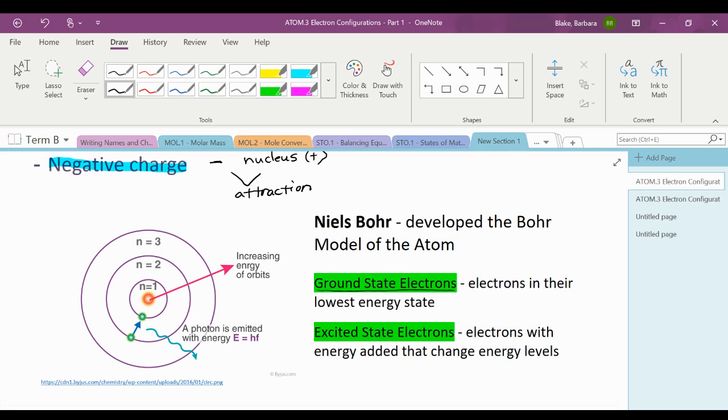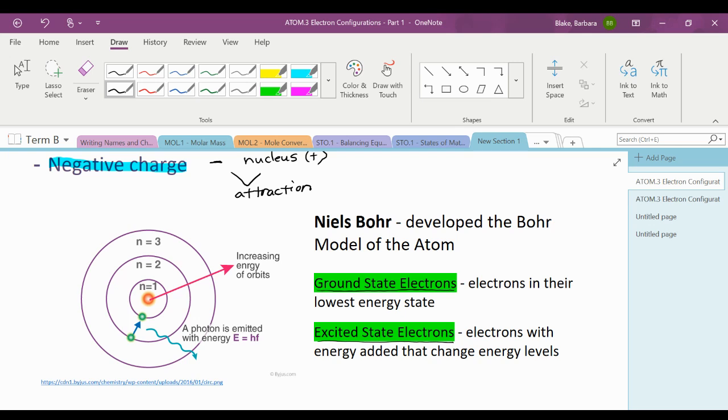And the second term is an excited state. So if I add energy to a ground state electron, it gets excited and it moves up energy levels, it has more energy, and we call that an excited state electron. So excited state electrons are electrons with energy added that change their energy levels.